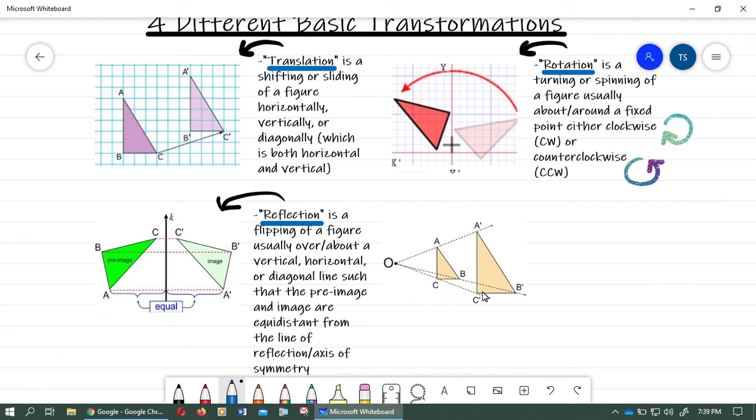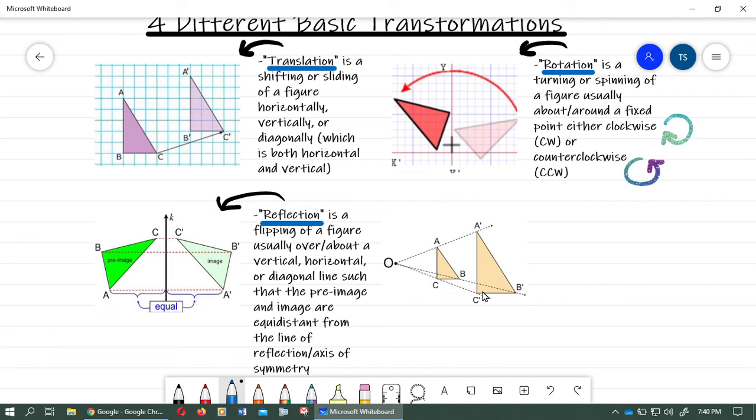Okay, so it's being stretched or it's being shrunken, or in other words, it's being enlarged or it's being reduced. There's a reduction or an enlargement or a stretching or shrinking.